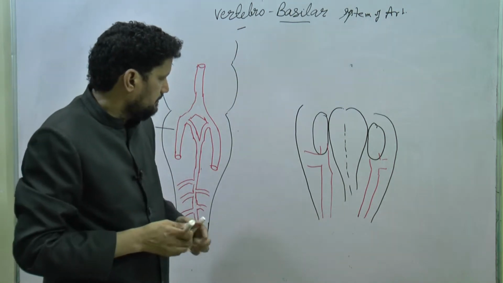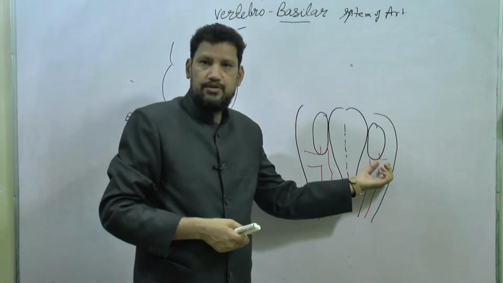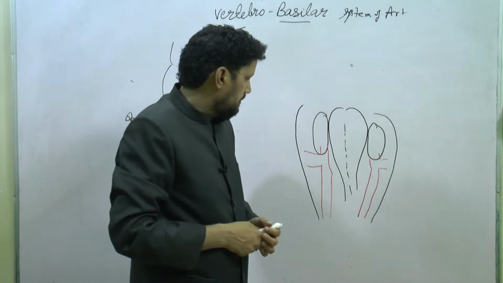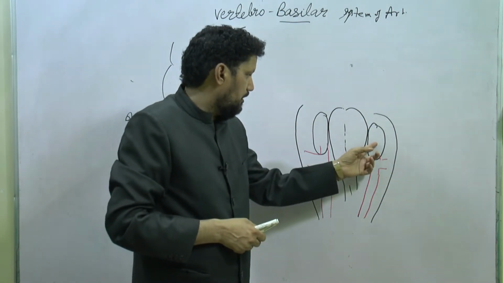And arteries are arising on the inferior end of the olive.